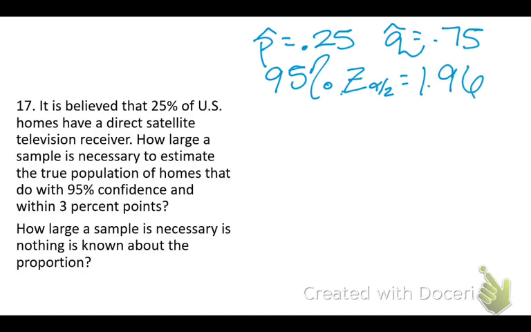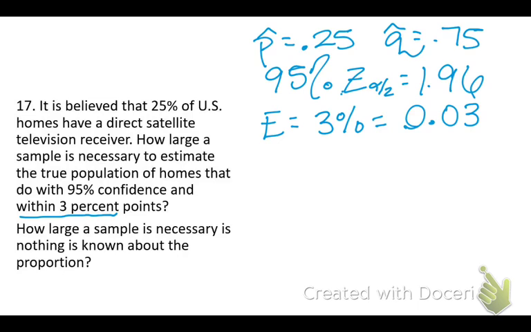All right, and then the other thing that they tell us is that our margin of error, or E, is going to be within. The word within is what you really want to watch out for, within 3% points. And I'm not really sure why they wrote it that way, but you can write it mathematically as 3%, obviously, which if you turn into a decimal is going to be 0.03.